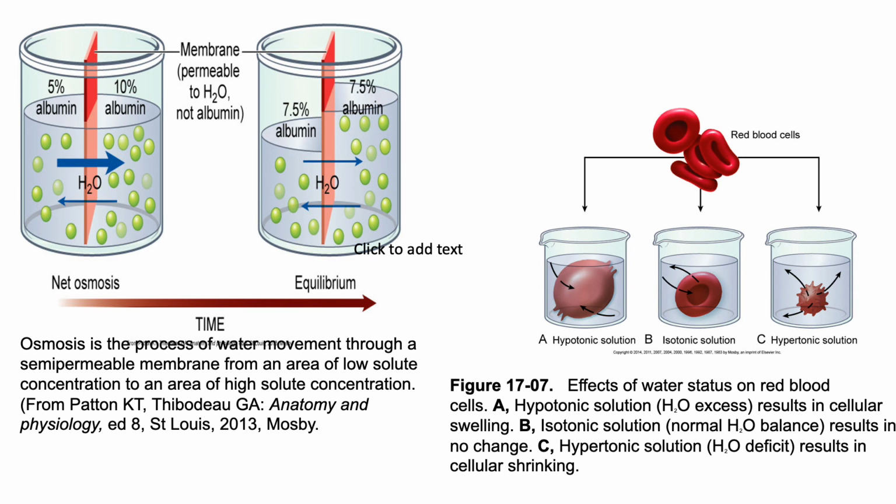So what happens is that fluid is going to shift from the body cells, from the intracellular space to the extracellular space, to try to balance things out. So in C, you can see that the cell is actually shrinking because the fluid that's inside the cell is going outside the cell to try to balance out that higher osmolarity. These types of fluids can be very irritating to veins because they have such a higher osmolarity.